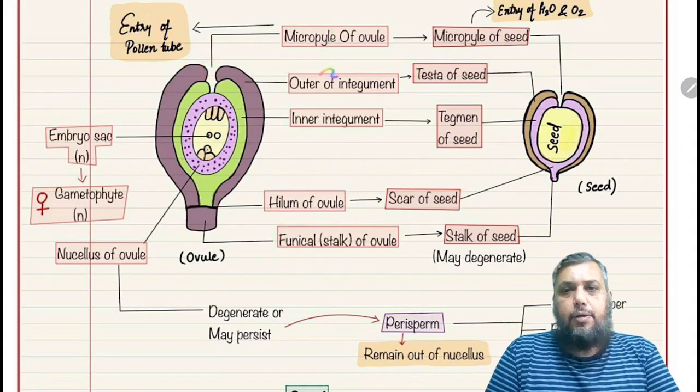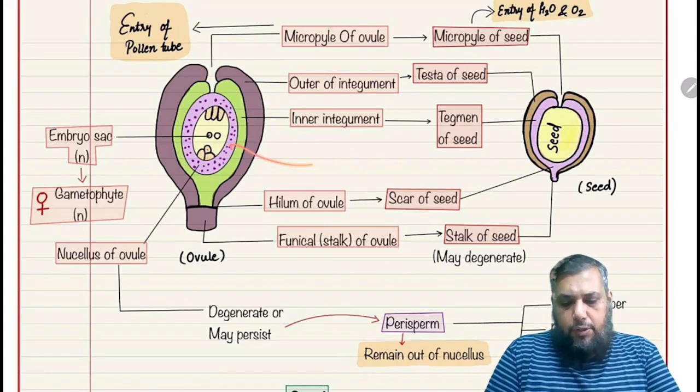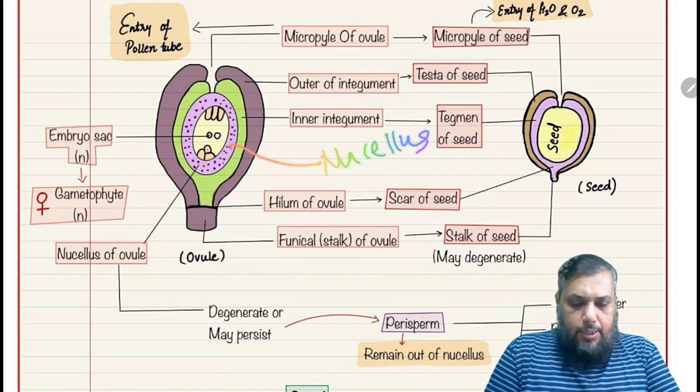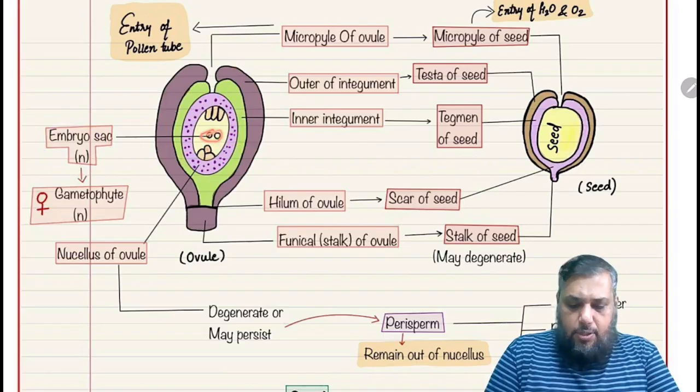It has two protective coats, the outer integument and the inner integument. Inside, it shows the presence of a tissue called nucellus. Then there is an embryo sac which contains the polar nuclei, egg, etc.